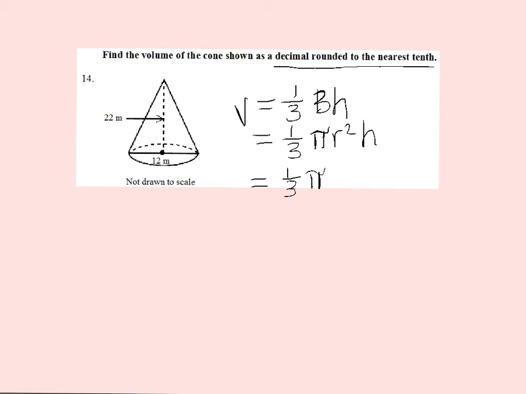Our radius, well, since we have this whole line across, then we know 12 is the diameter, which makes our radius 6. So 6 squared, and then our height is given, it's 22. And we just plug this into a calculator. We want to round it to the nearest tenth, so we get 829.4. Units are meters, and it's volume, so it's cubed.